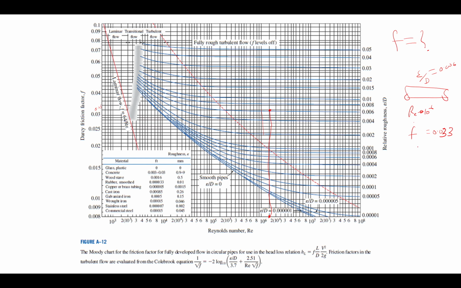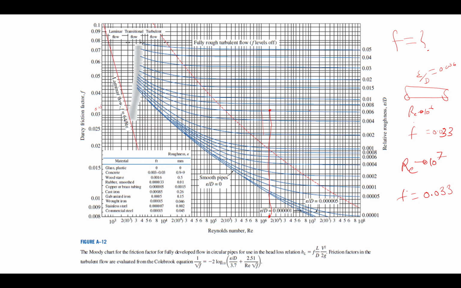Now, for the same pipe, if we increase the discharge and the Reynolds number increases up to 10 to the power 7, still the friction factor value will be 0.033.